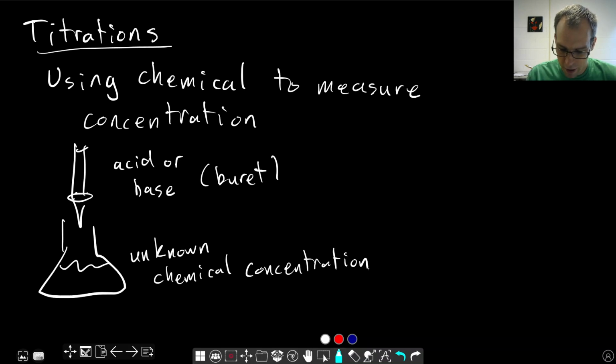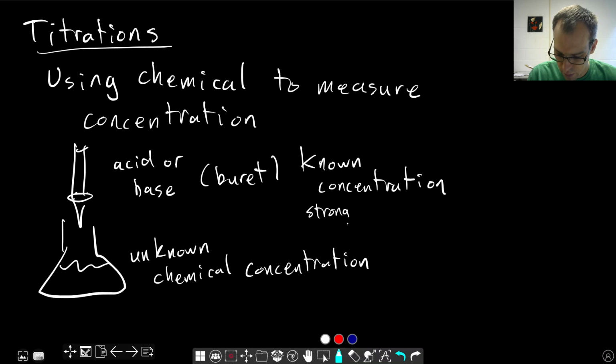And so usually what is in the burette is a known concentration of a strong acid or base. And then our unknown will be the opposite, whether it's acid or base.